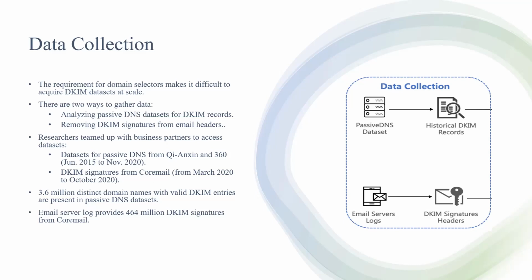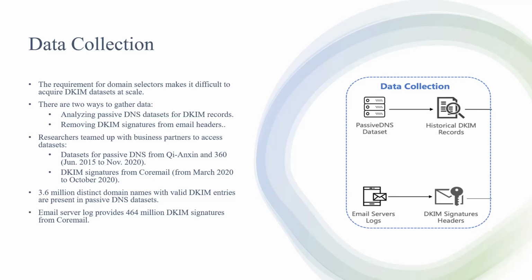Mainly they gathered passive DNS data from QAX and 360, ranging from June 2015 to November 2020, and the second data is DKIM signatures from Coremail from March 2020 to October 2020.